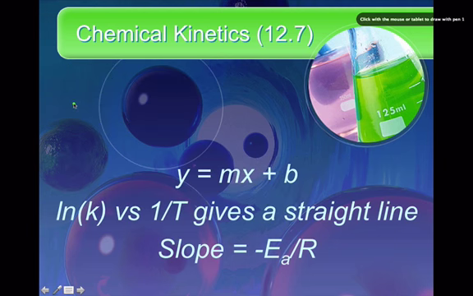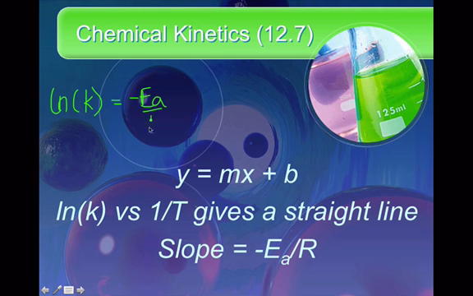What they like to do with the Arrhenius equation, though, is they take the natural log of both sides of that Arrhenius equation that we just showed you, and you end up with something that looks like this. Negative EA over R, 1 over the temperature, plus natural log of A. And just like we were doing with the integrated rate laws, this one is also in y equals mx plus b form.